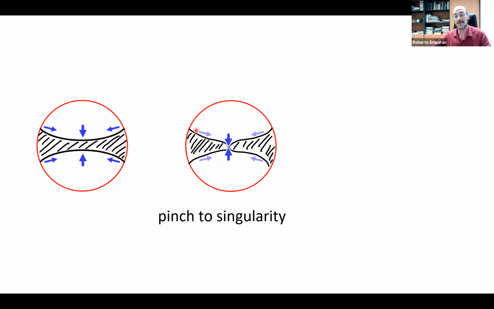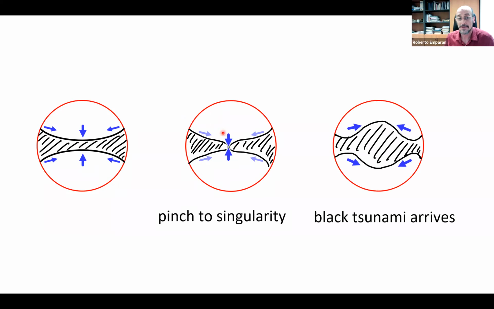You have a massive wave of horizon generators coming from the boundary to the bulk. And when a tsunami comes, first you have the water receding from the beach, but then the tsunami comes and washes it all out.